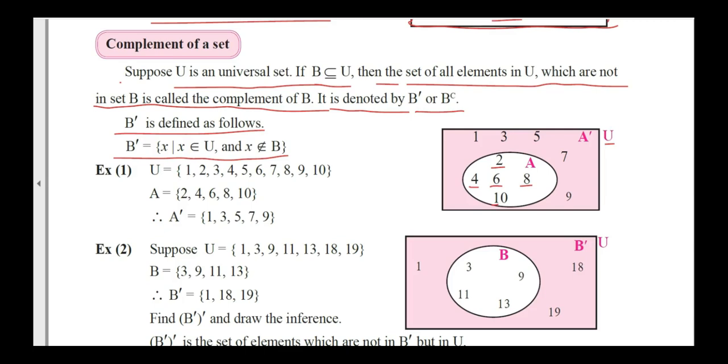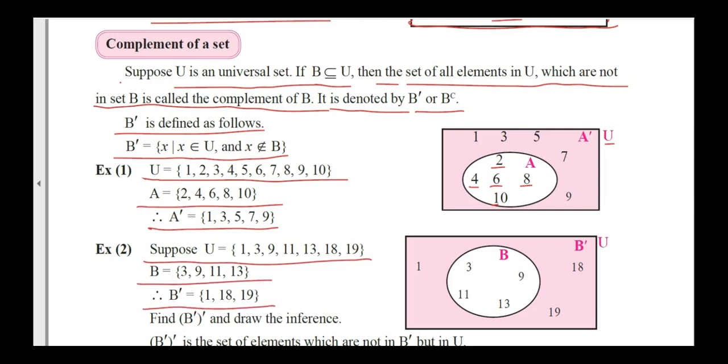Therefore, now see the example. U is equal to 1, 2, 3, 4, 5, 6, 7, 8, 9, 10. A is equal to 2, 4, 6, 8, 10. Therefore, its complement is 1, 3, 5, 7, 9.